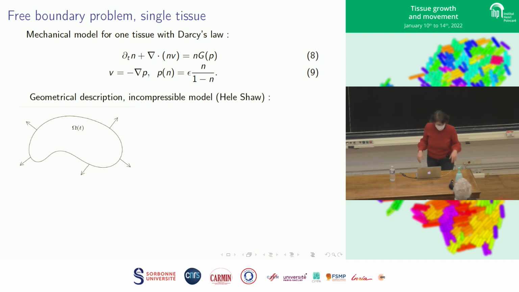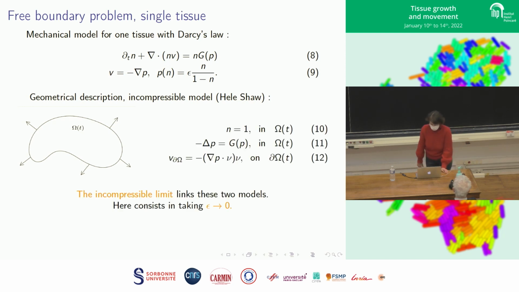And this comes with some equations on the pressure. So I solve the equation for the pressure, and the pressure will give me the velocity of the boundary of the domain.